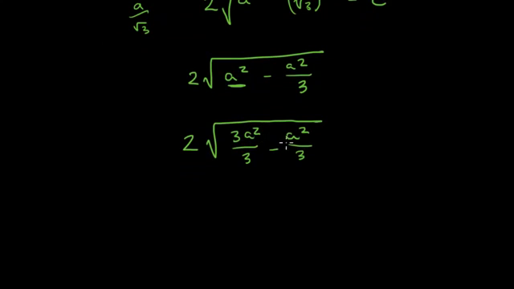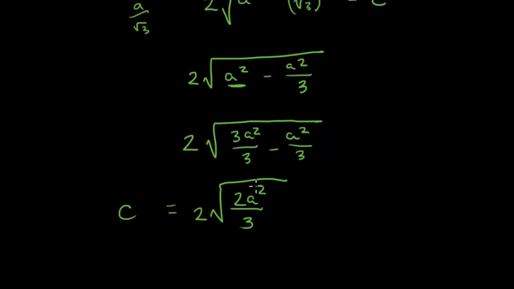We get 3a squared minus a squared, which is 2a squared over 3, and 2 times the square root of that equals c.